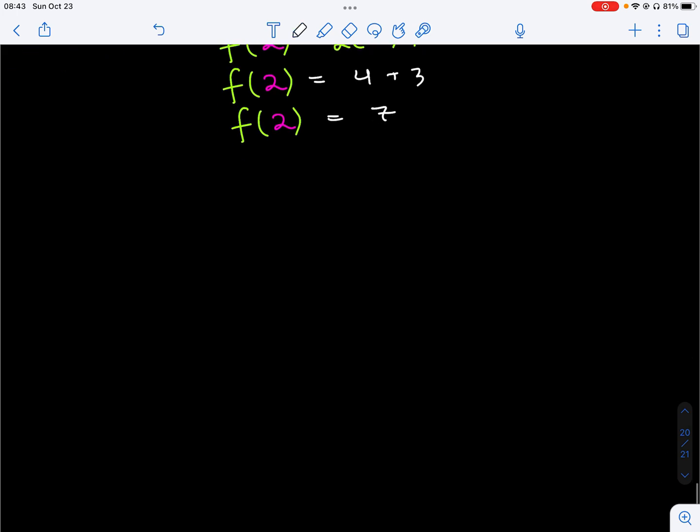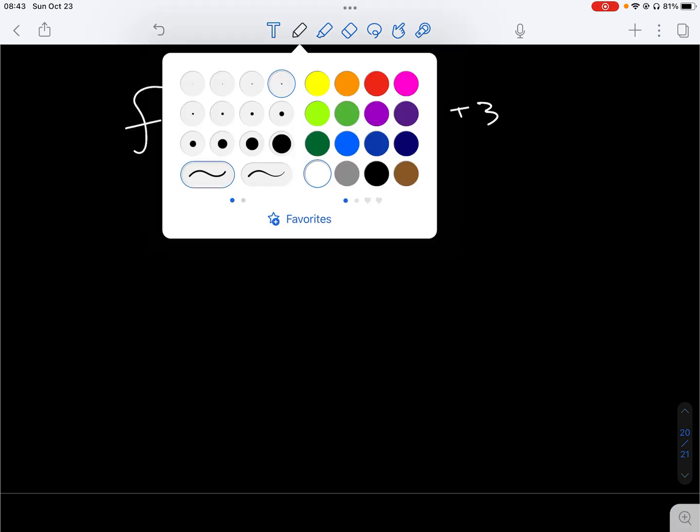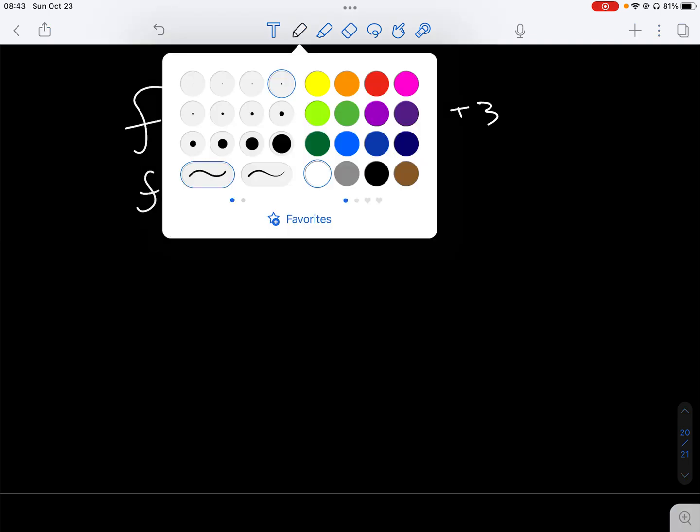Now let's go ahead and see another example of what we can plug in. Imagine we have f of x, a more complicated equation. Let's say it's x squared minus 2x plus 3, or something like that. Imagine now that I took this and plugged in, let's say, 3. I'll use different colors to make it fancy as well.